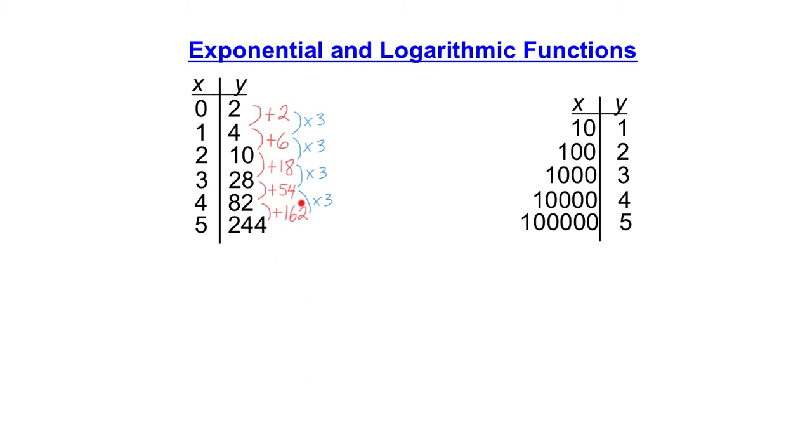So you can see I'm multiplying by the same number every time as I go down my first differences list. So 6 divided by 2 is 3, 18 divided by 6 is 3, 54 divided by 18 is 3, etc. The ratio between my successive y values is constant. That means I can say this is exponential.